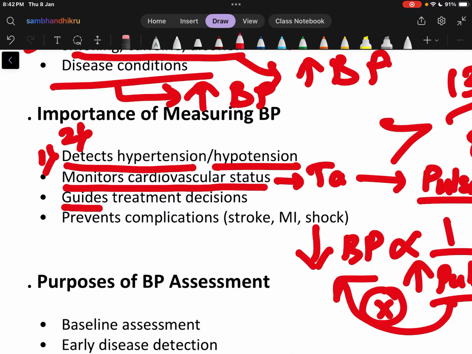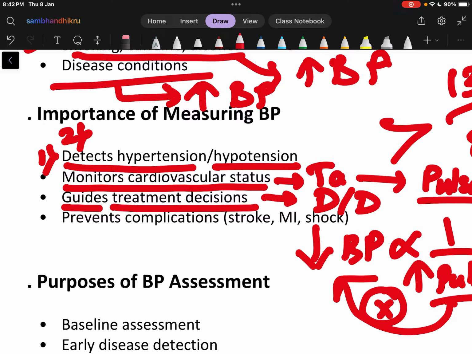Monitors cardiovascular status, guides the treatment decisions, whether we need to give the correct dose or the right drug, which drug we need to give, which type of patients we need to give.